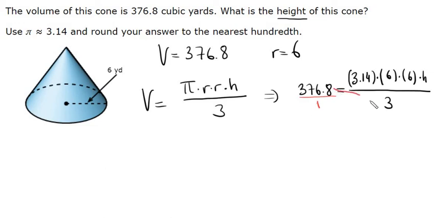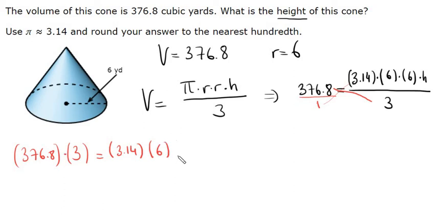This numerator by this denominator. So 376.8 times 3 is going to be equal to 1 times this numerator. So the denominator times numerator, the cross multiplication. So 3.14 times 6 times 6 times height.